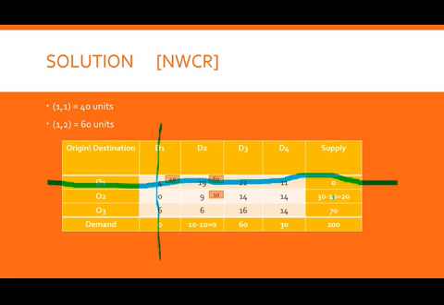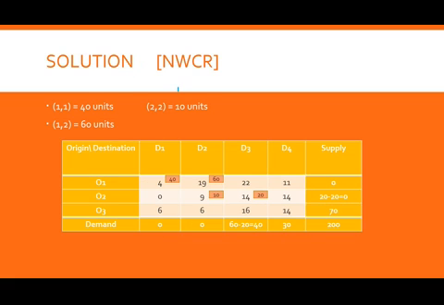So supply becomes 30 minus 10, 20, and demand becomes 10 minus 10, 0. So the allocation is at 2, 2 with 10 units. So this column is gone, this column is also gone, and this row is gone.